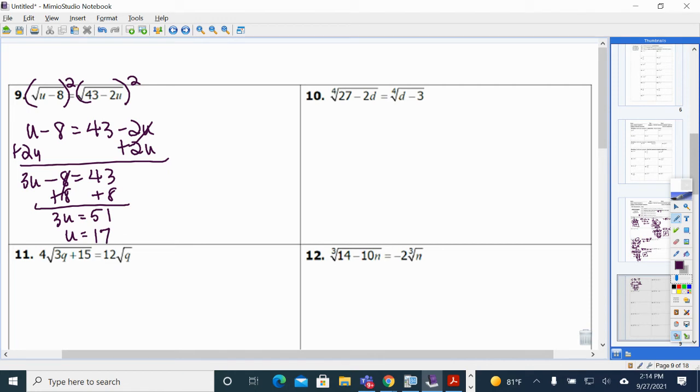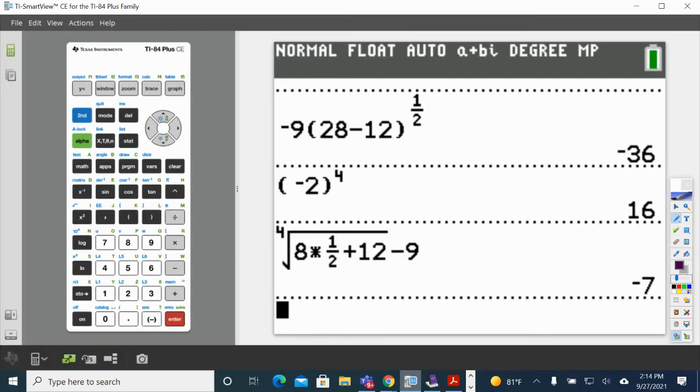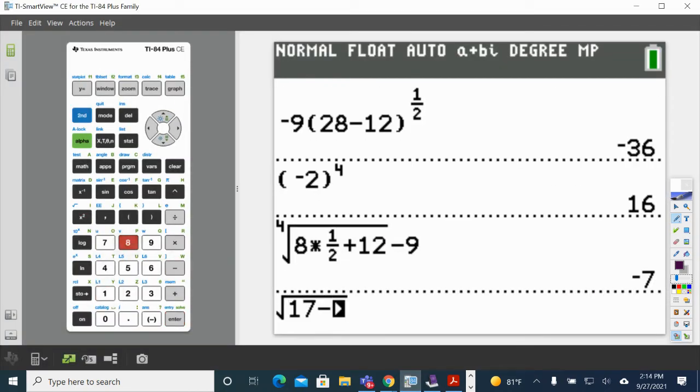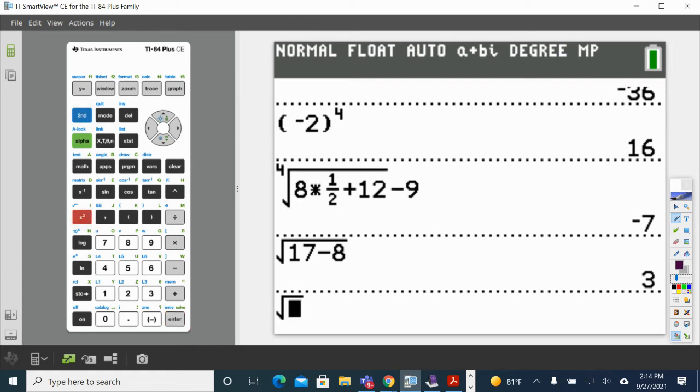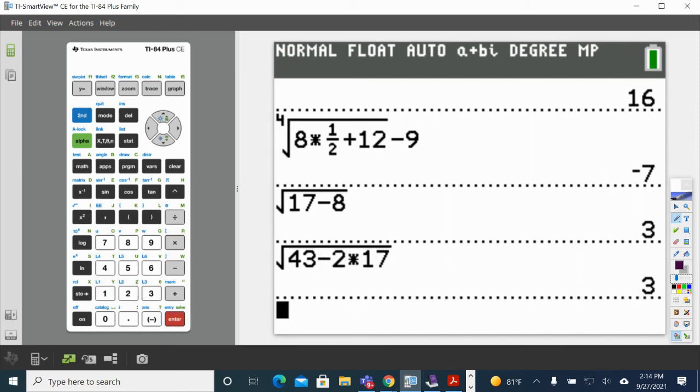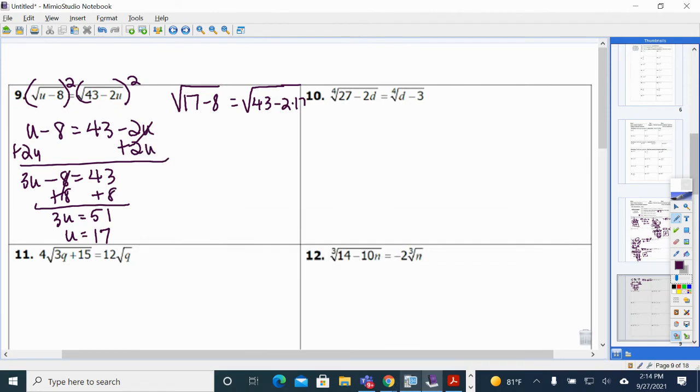And then again, we have to go back and substitute that 17 back in both sides and make sure that the left side does equal the right side. So square root of 17 minus 8 is 3. Now the right side, square root of 43 minus 2 times 17 is also 3. So it does check out. U does equal 17.